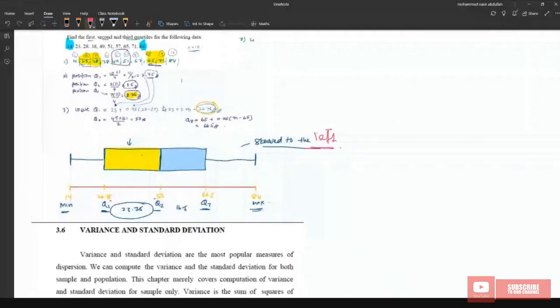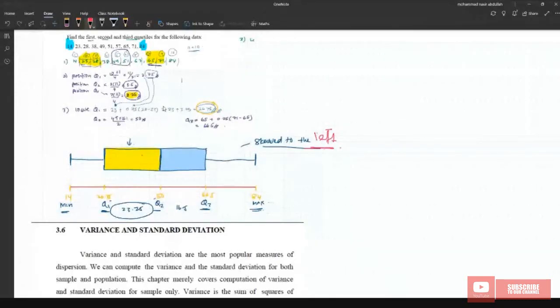Any questions so far? So far, until now, we already looked at how to calculate quartile 1, quartile 2, and quartile 3 for ungrouped data and grouped data. And then we also looked at how to calculate range for ungrouped data and grouped data. And we also looked at how to calculate interquartile range, right?